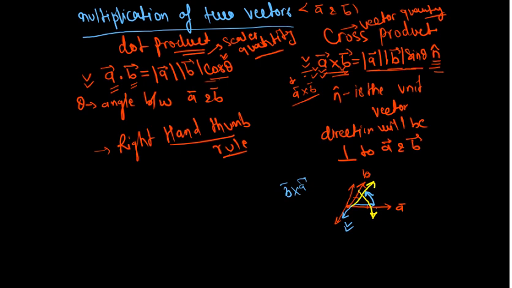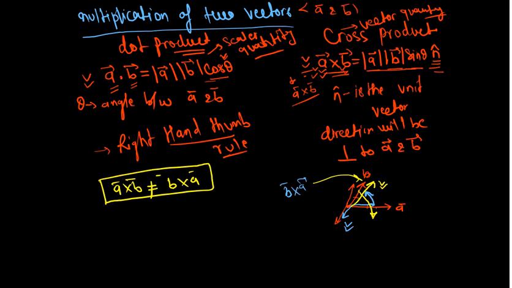So in A cross B the direction was different, and in B cross A, the direction is different. That's why we say A cross B is never equal to B cross A, because their magnitudes may be equal but their directions are different. Okay, so A cross B and B cross A we have seen.